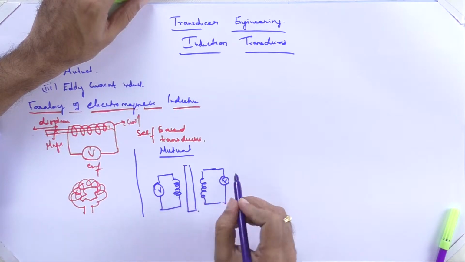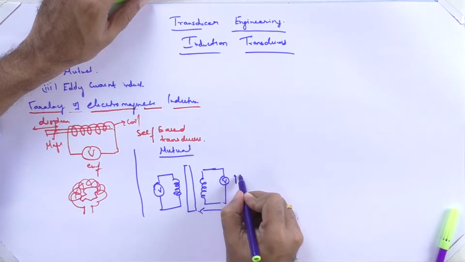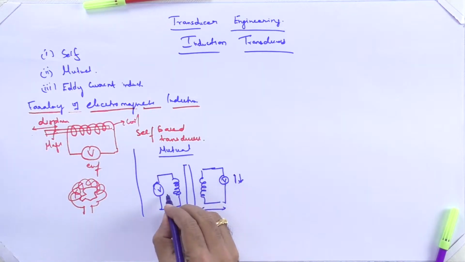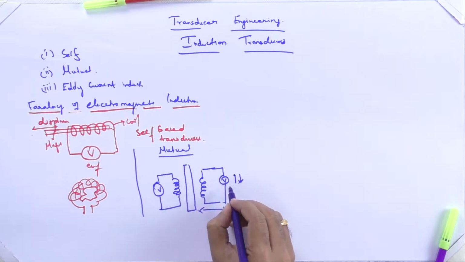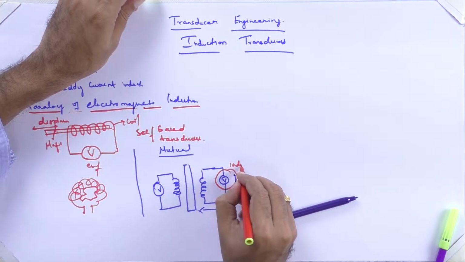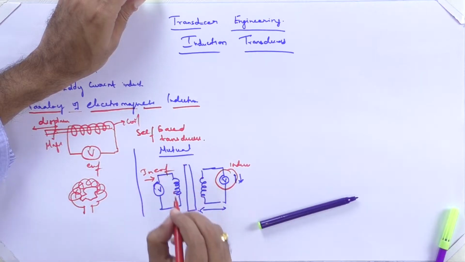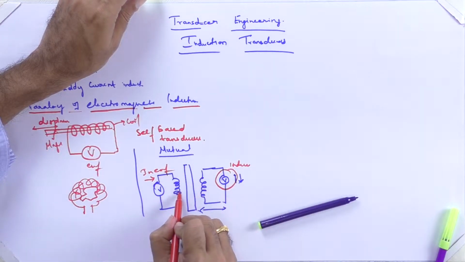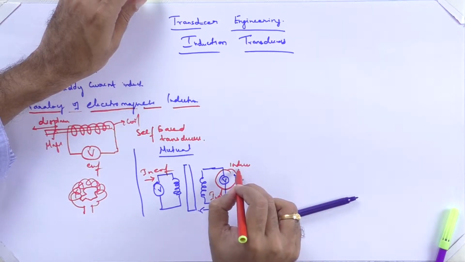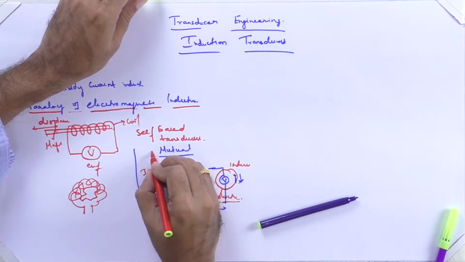When this coil comes nearby and goes away, this EMF will rise or fall. We are not giving an EMF here, this is an induced EMF. Here we give the EMF, and this one produces an induction and an EMF over here. This kind of induction is called mutual.